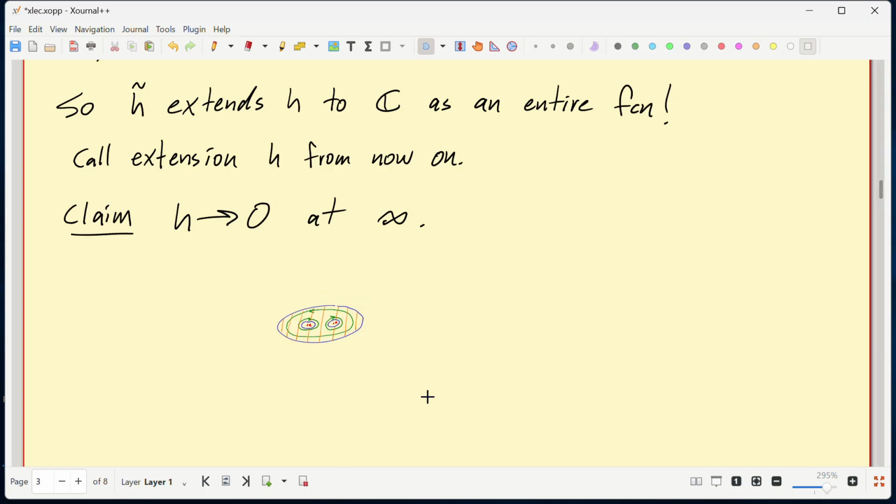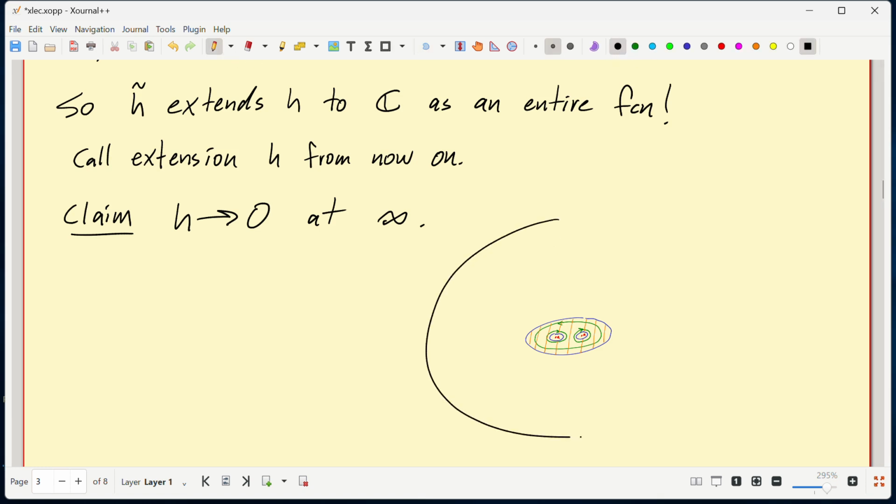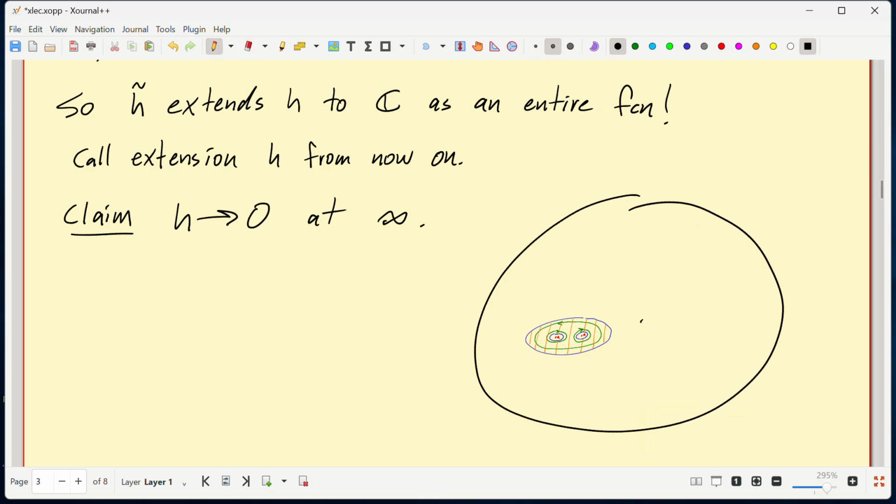There's my domain, and now I need to move it. I'm looking at it from outer space. I'll put a great big disk around it. It doesn't have to be centered like that. Let's make this be 0, and this be a gigantic radius r.